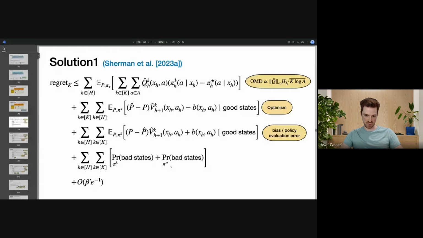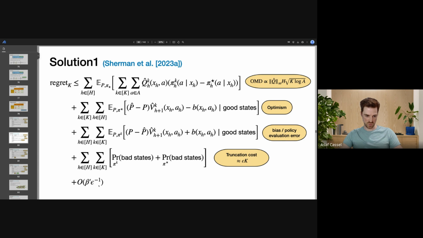Because the exploration data set ensures that the bad states are reached with probability epsilon uniformly over policies, this also holds for pi star as well. So each of these terms is just epsilon, and the overall cost of doing this indicator truncation is just epsilon times k. And there are many other factors, like h and d, but with respect to k, this is the dominant term.